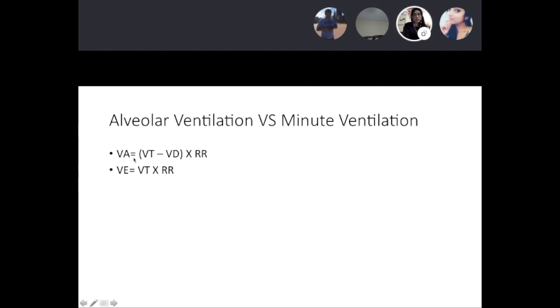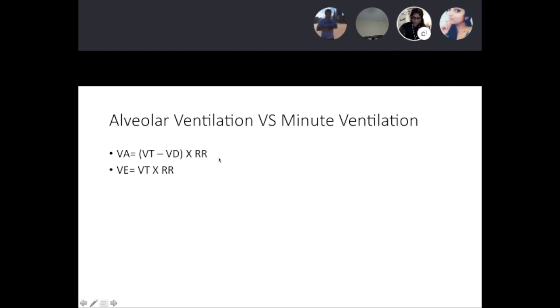So this is the tidal volume times the respiratory rate. The difference is that we are taking into account the dead space in the alveolar ventilation, since the physiologic dead space does not reach the alveoli. So we're just not taking that into consideration when doing minute ventilation.